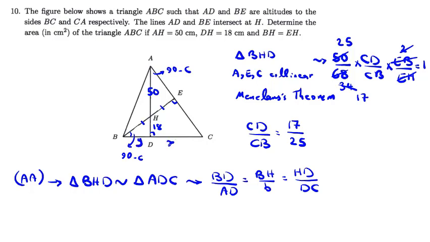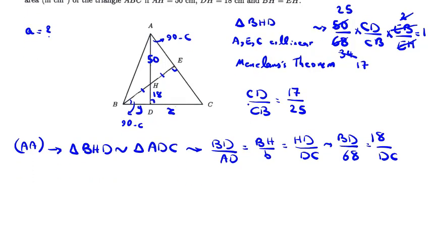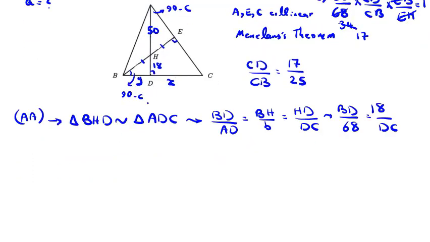Here you can say BD over AD, AD is 68, equals HD, which is 18, over DC. Because BD is Y, CD is Z, Z over Y plus Z equals 17 over 25. And for this part, if we cross multiply, BD times DC, YZ equals 18 times 68.